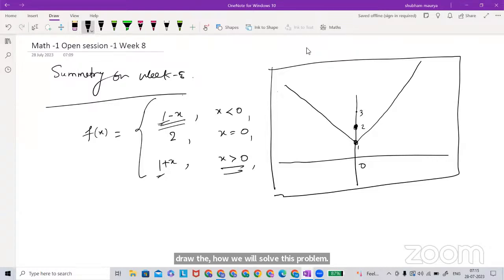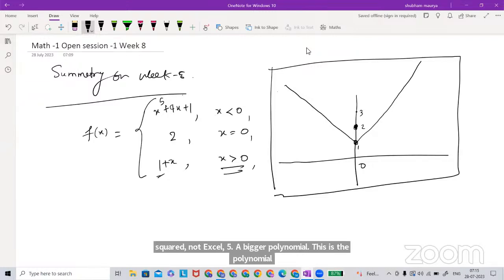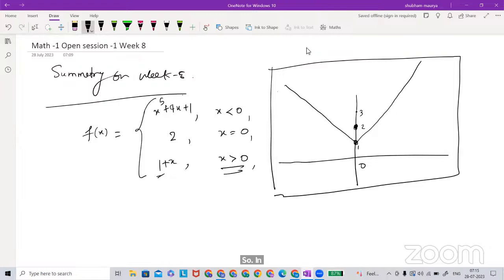Suppose I have given a very complex expression, say a polynomial of higher degree, 5x and a bigger polynomial. In this case, how will we deal with it?